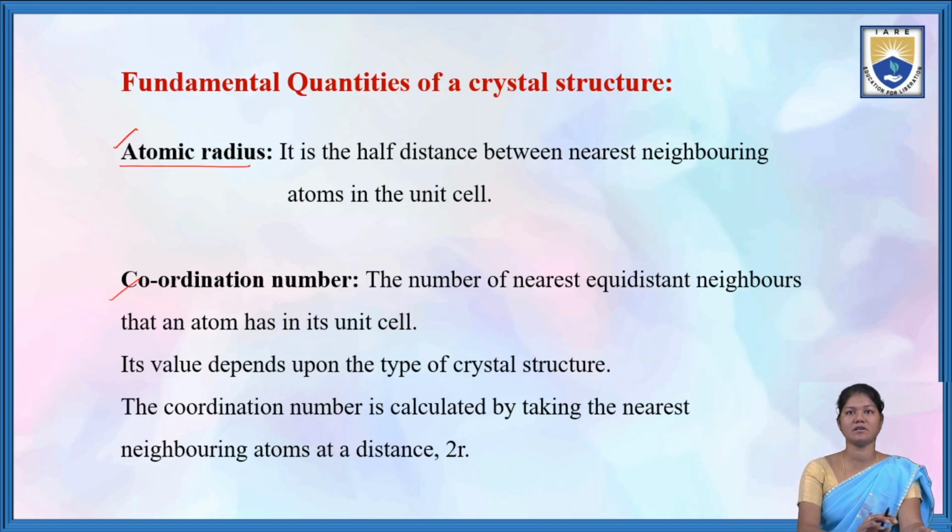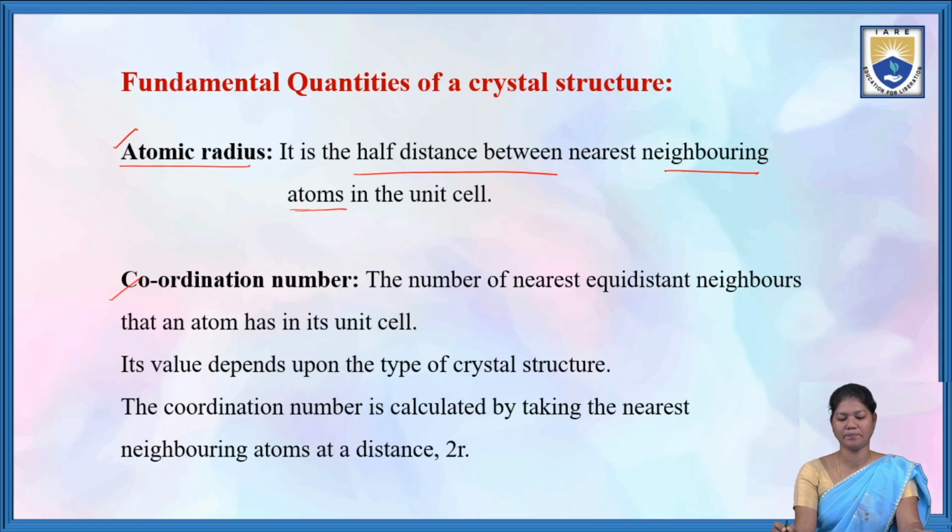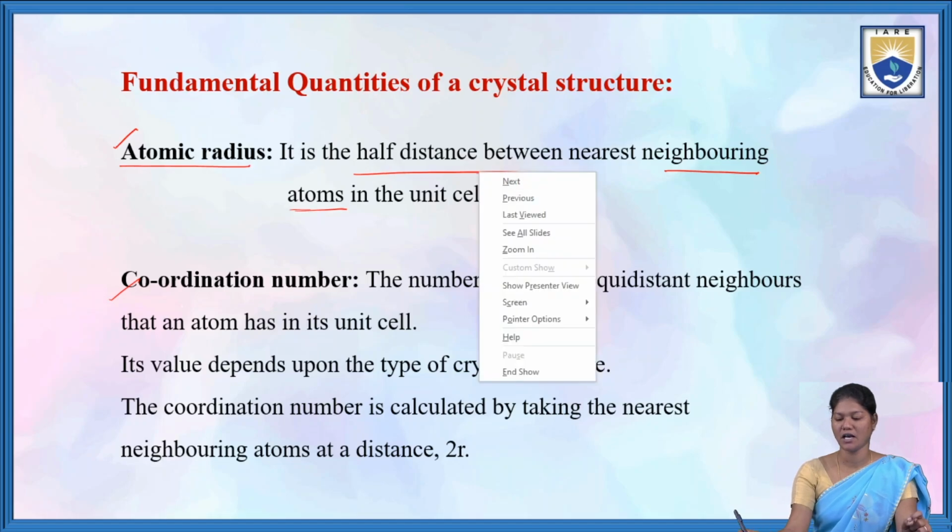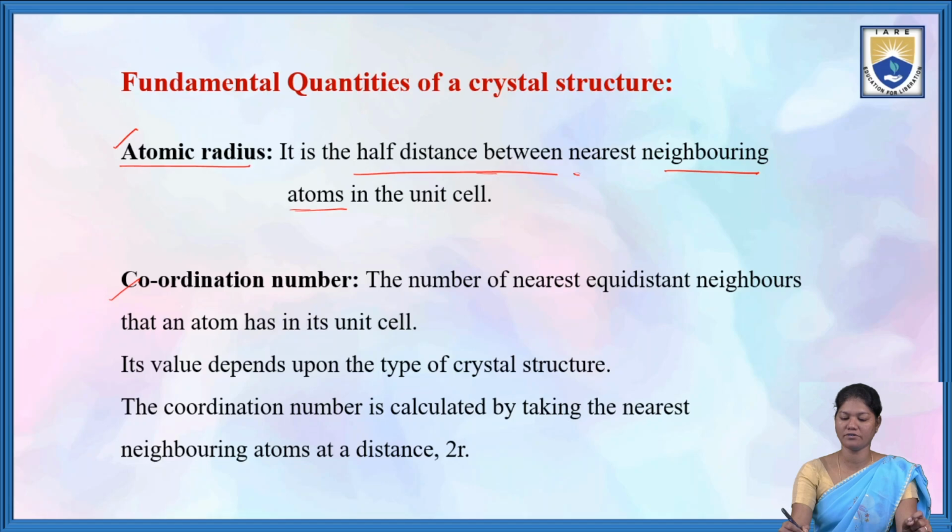Atomic radius is the half distance between nearest neighboring atoms in the unit cell. Suppose there is a unit cell, so the atoms are at each corner.